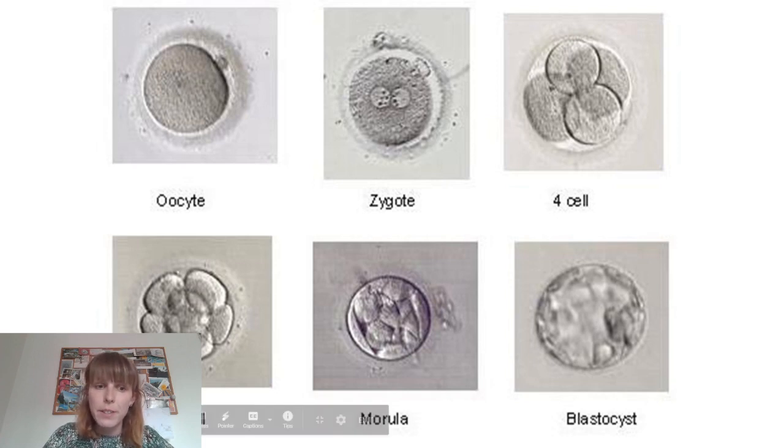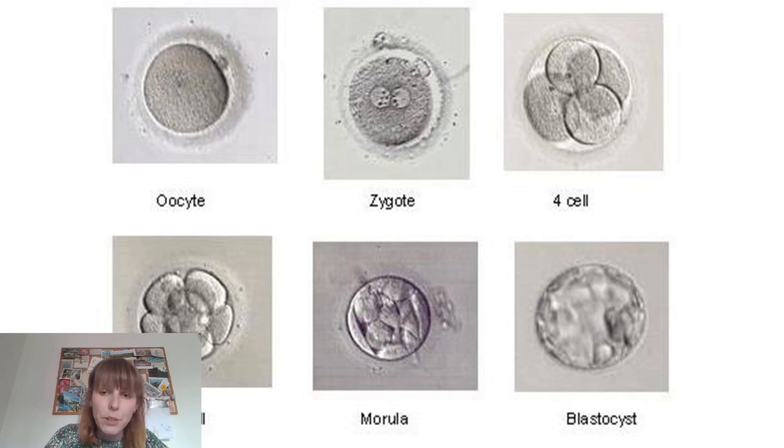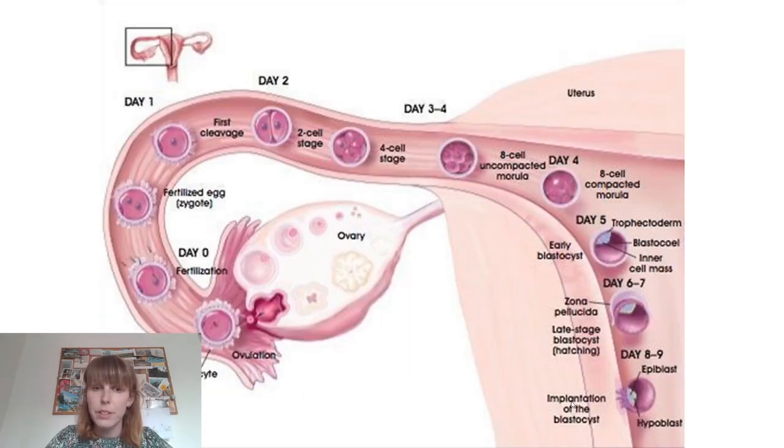After some time it will become this multicellular unit, which is called the blastocyst. So this is where we will start talking about the different parts of it and what they will give rise to. So the blastocyst is what we are interested in.